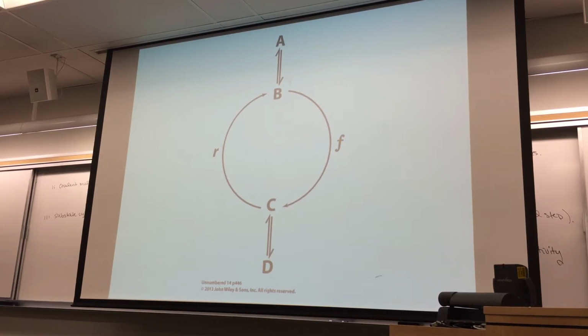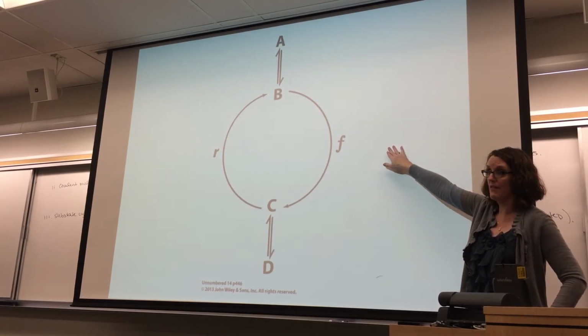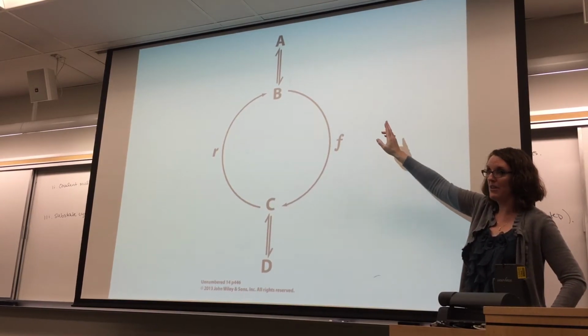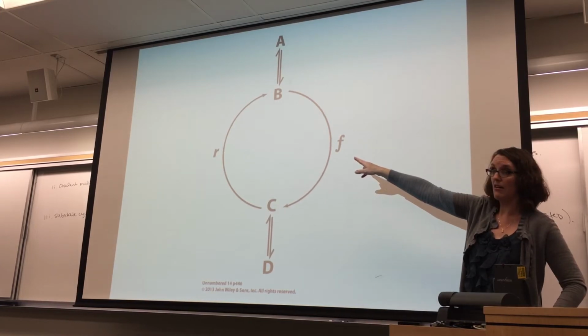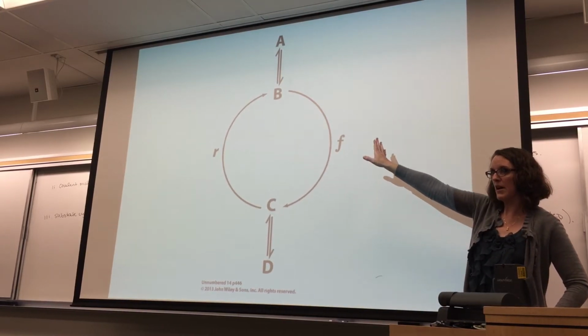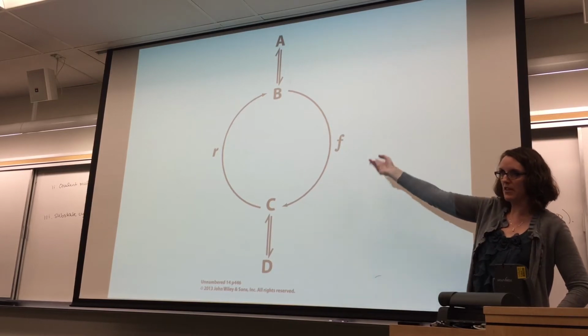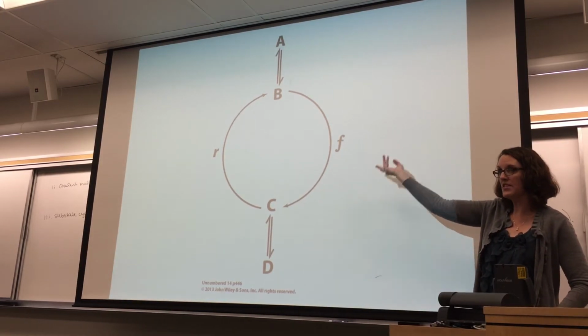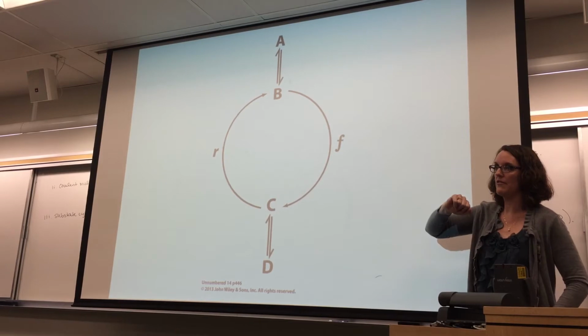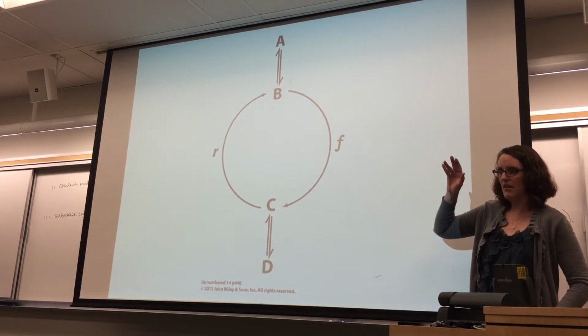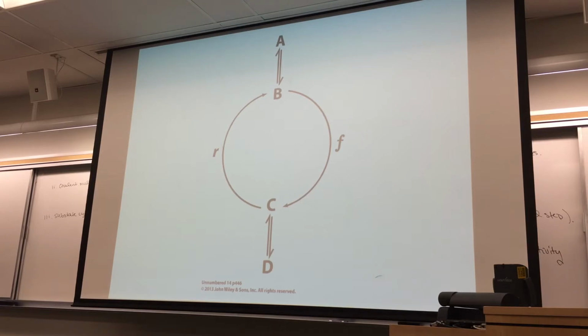The allosteric effector is going to serve as an activator for one of these enzymes and an inhibitor for the other one. So if we have an activator of F, that will in turn be an inhibitor of R. So what that means with respect to a substrate cycle is only half of this is going to be operational at a time, because when you turn one side on, the other side is automatically turned off. Does that make sense?